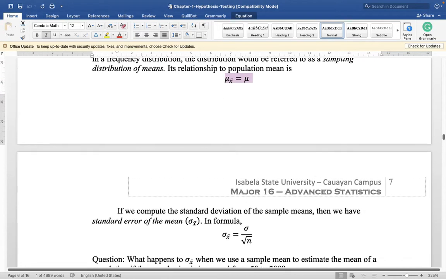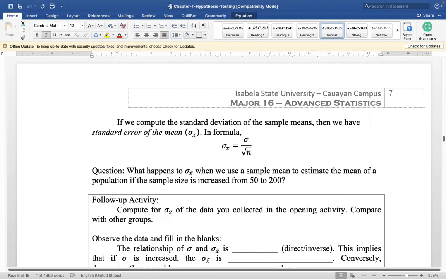Alright. So if we compute the standard deviation of the sample means, then we have the standard error of the mean. And by symbol, we have sigma sub x bar.